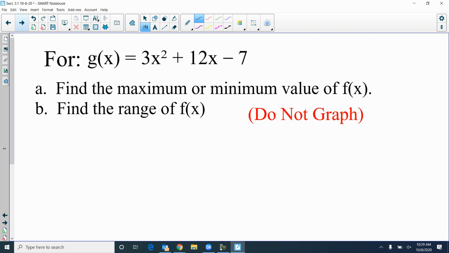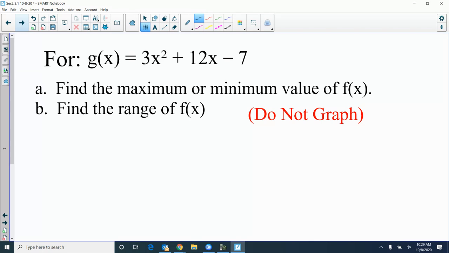Is it going to have a maximum or a minimum? As you take a look at that equation, do you think it's a maximum, a minimum, or not sure? Not sure. Not sure. Not sure.